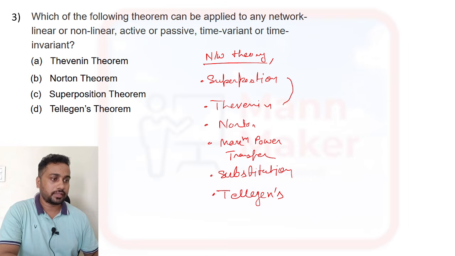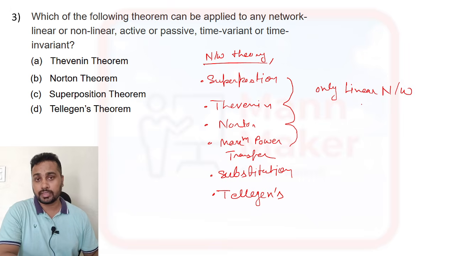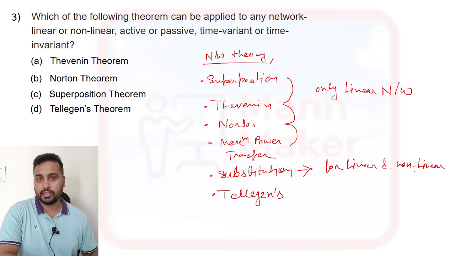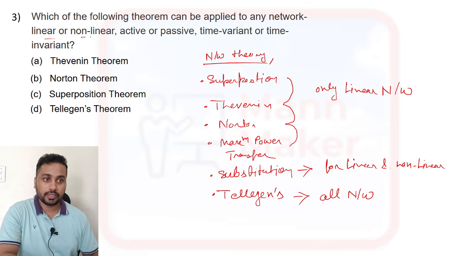Superposition, Thevenin, Norton, and maximum power transfer theorems are applicable only for linear networks. The substitution theorem is applicable for linear and non-linear networks. Then Tellegen's theorem is applicable for all kinds of networks: linear, non-linear, active, passive, time variant or time invariant.